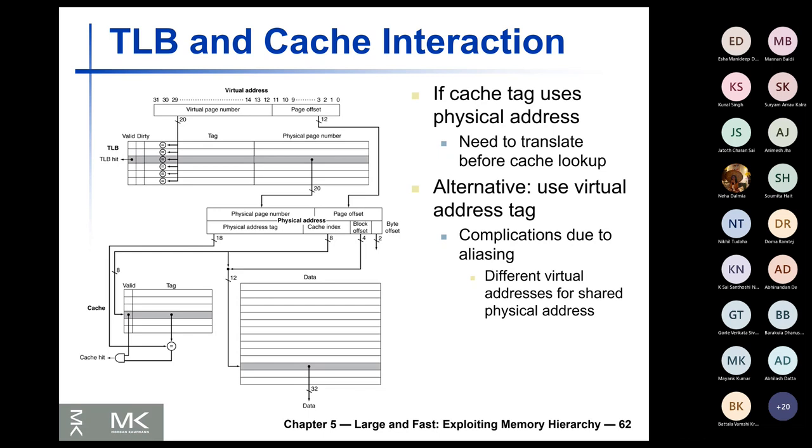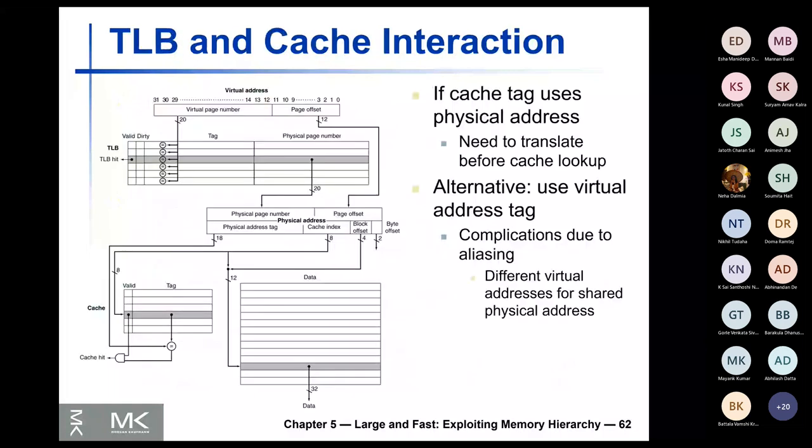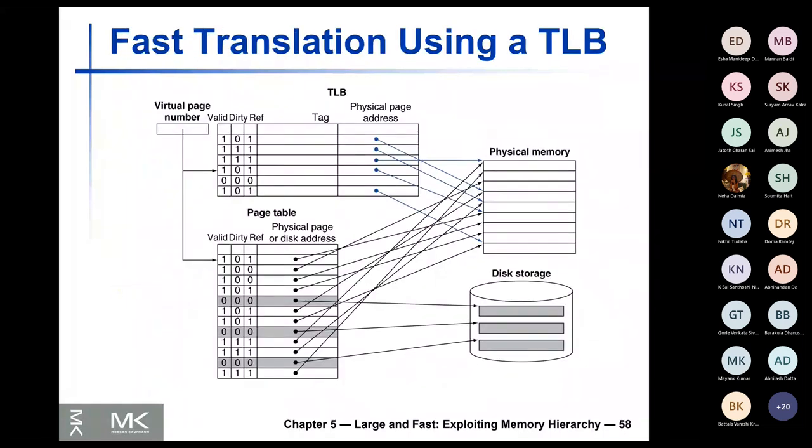So I think this TLB content has to be refreshed for every process modification or every context switch, which makes sense because your page table itself is process specific.